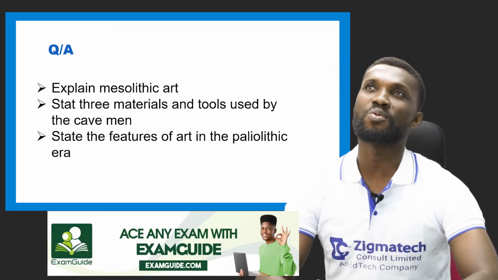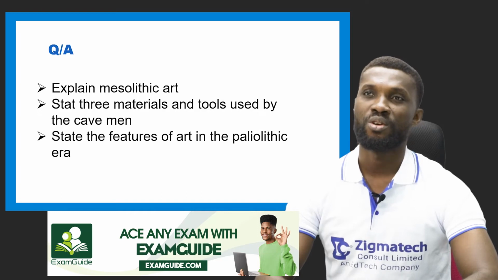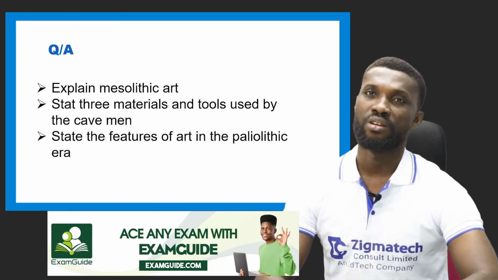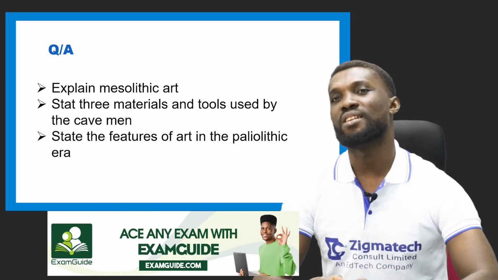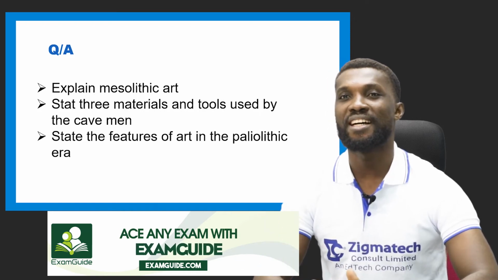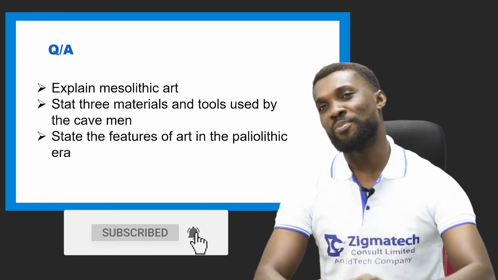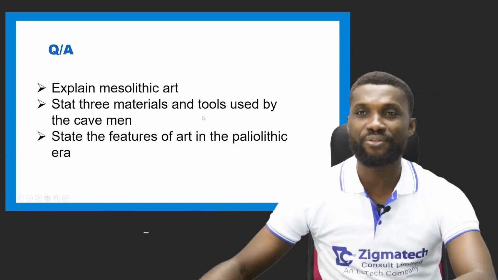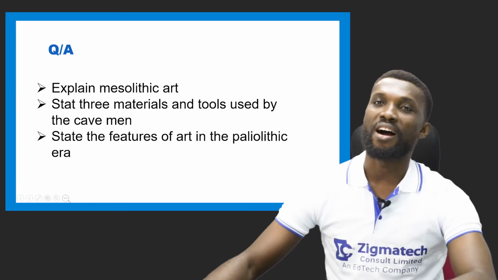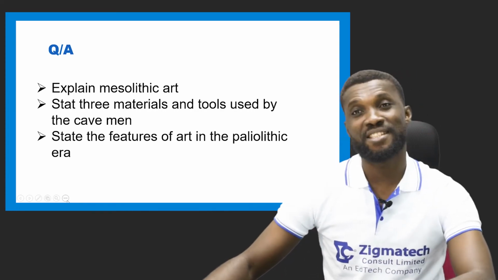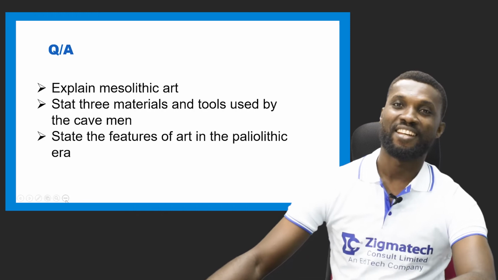And then some of their artworks are mainly done on the cave wall and on the ceiling of what? The cave. So you can go further and break this and explain it, and then, okay, I want to believe we've got that. Now let's dive into our exam guide, and then we'll see what we've got there.